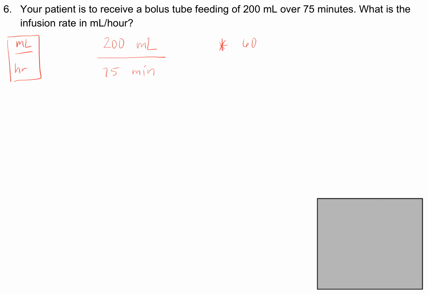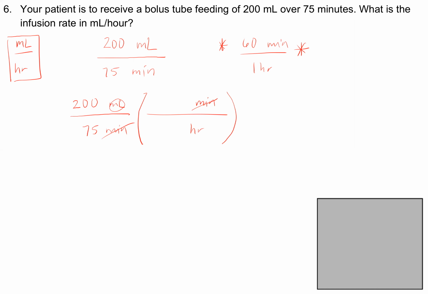So what you're going to do is 200 mLs over 75 minutes. You want minutes in the numerator, so the minute units cancel. Hours in the denominator, so you're left with mLs per hour. Fill in your numbers, and you'll have 200 times 60 is 12,000 divided by 75, which is 160 mLs per hour as your final answer.